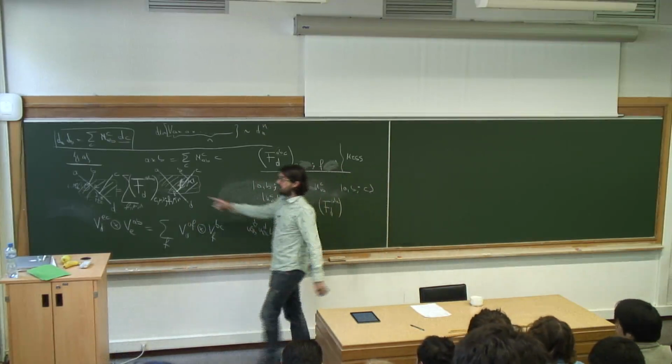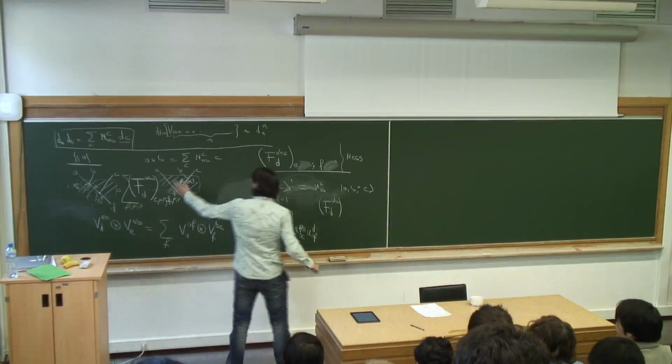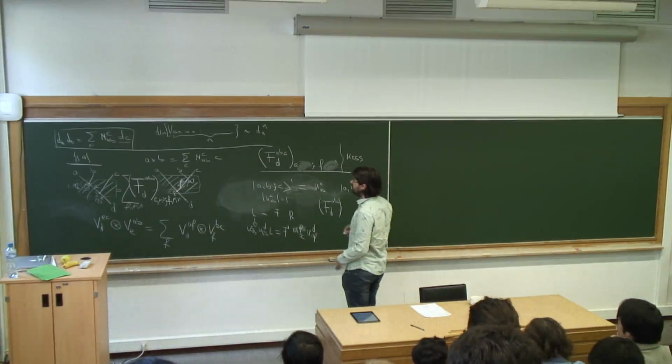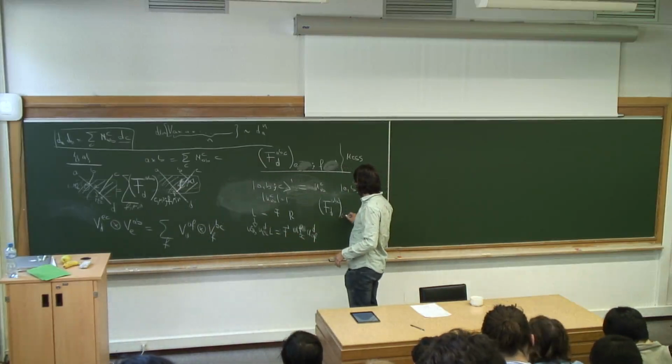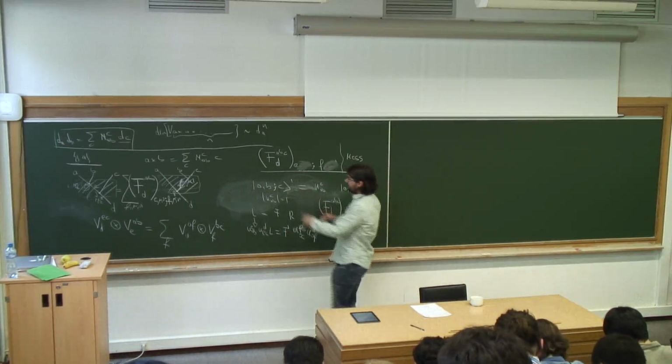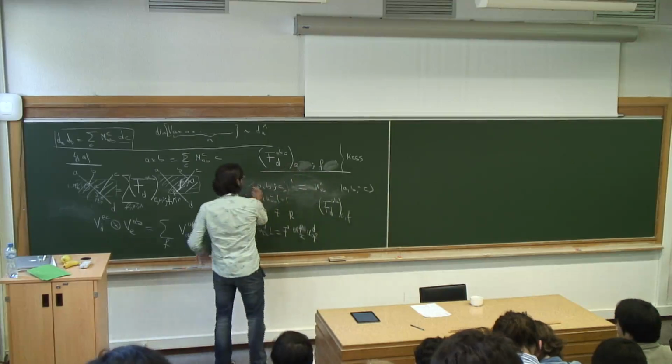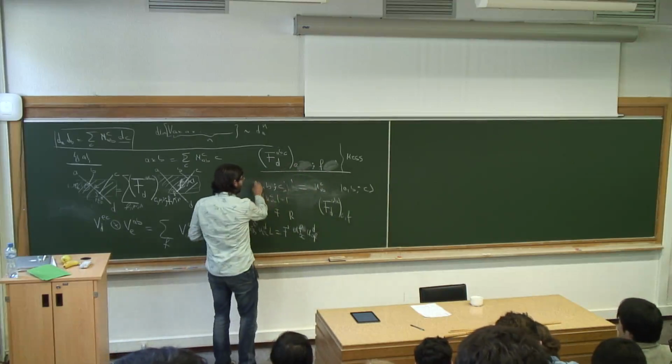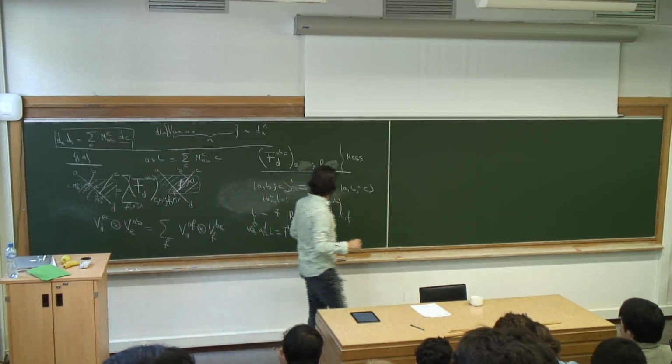But this is a definition. So if you want to define this as the star or something else, you're welcome to do it. But I just define it like this. I can redefine things as a star in any case.